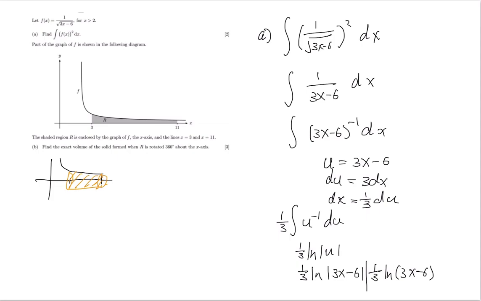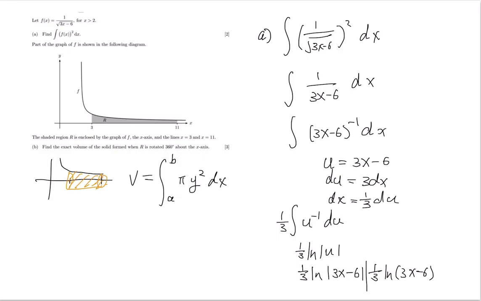And the equation for this is V equals the integral from a to b of pi y squared dx. Oh wait, sorry, it's volume here.